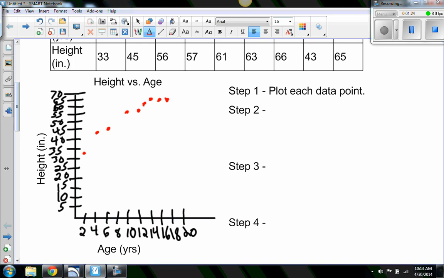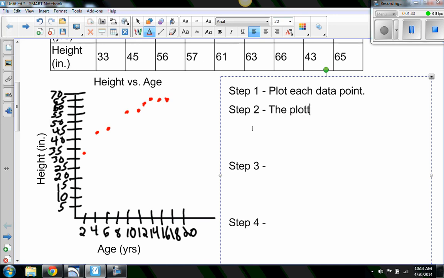So first step, it's already done. Plot each point. Okay, I did that. Then we're going to look at that. We're going to say the plotted points go up from left to right.